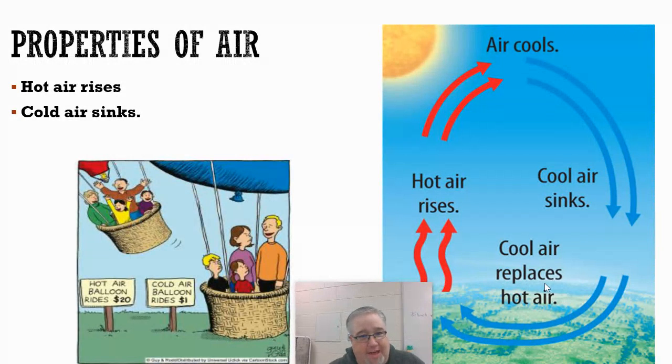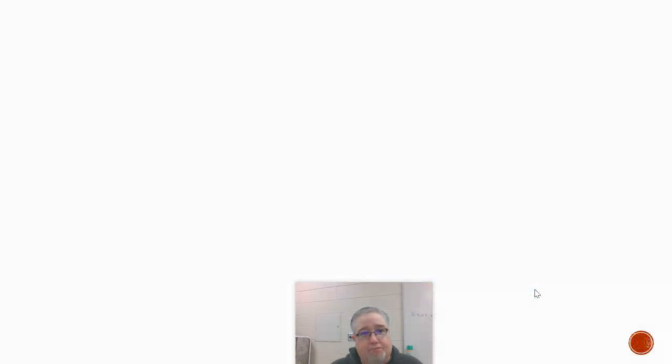It has a lot to do with density, but just remember that if the air is warm at the surface of the planet, for example, it has a tendency to rise, and as it rises, it's going to cool, and cool air tends to sink. So what we get is a kind of circulation pattern here. Just remember, hot air rises, cold air sinks. That's pretty much what you need to know about that particular concept.